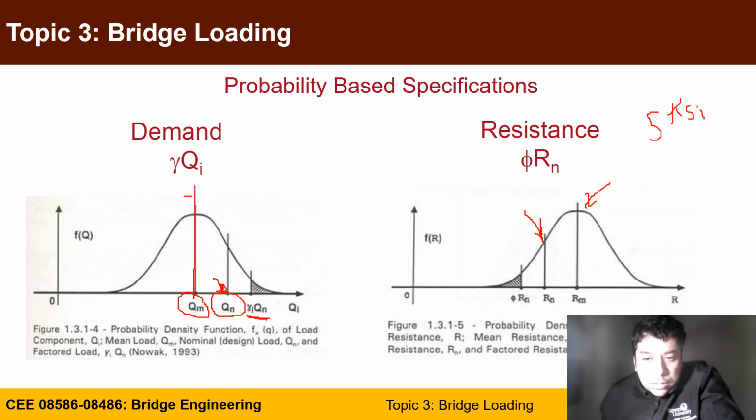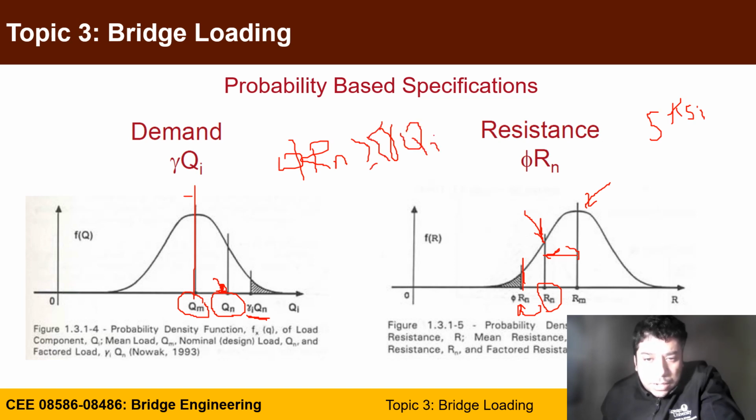You need to differentiate between the two, the ratio between the two is called bias, and you use the nominal strength, you reduce by a factor phi, you go to the line that is called phi Rn. phi Rn has to be bigger than or equal to gamma Qi, right?